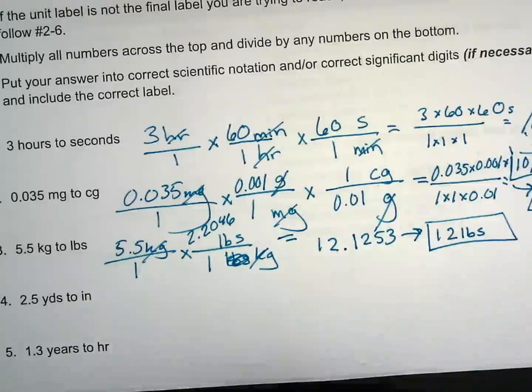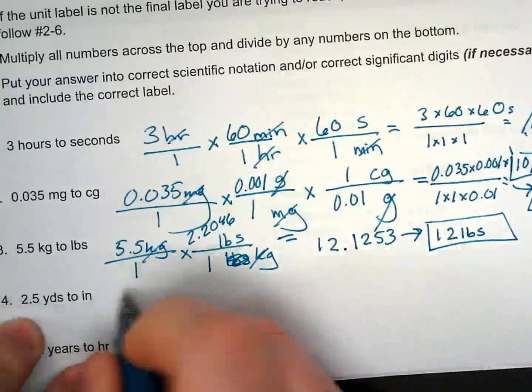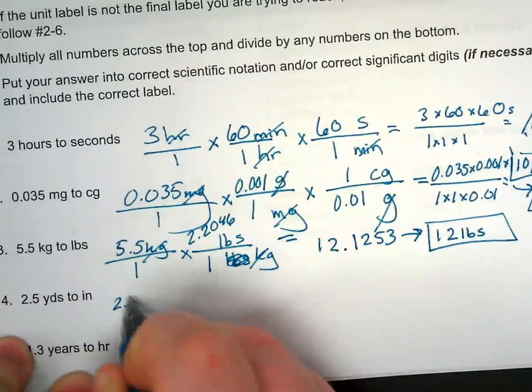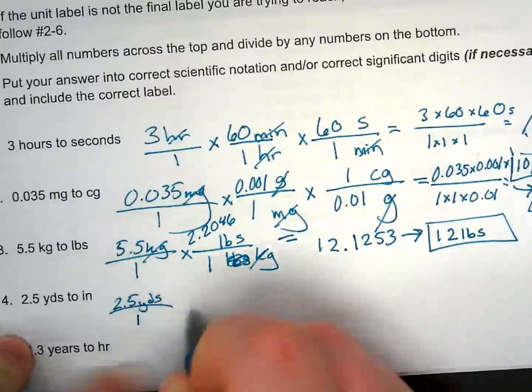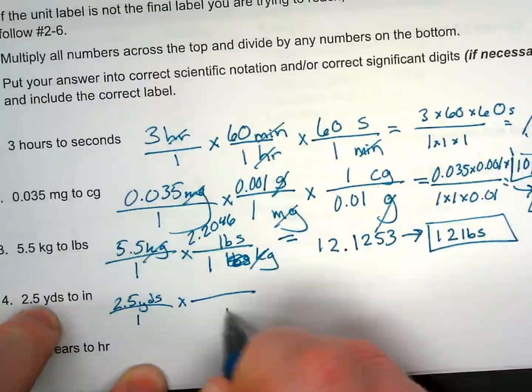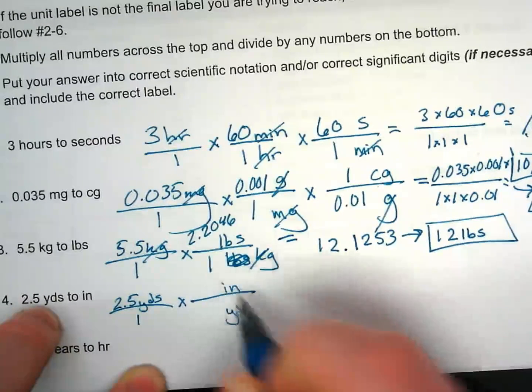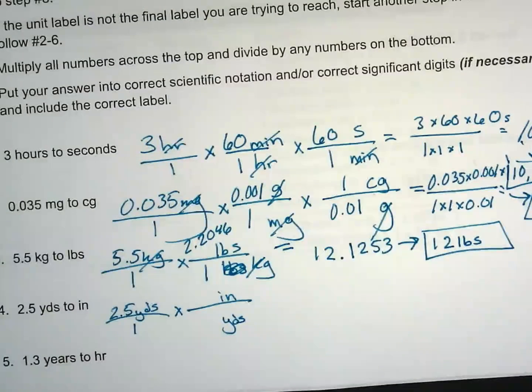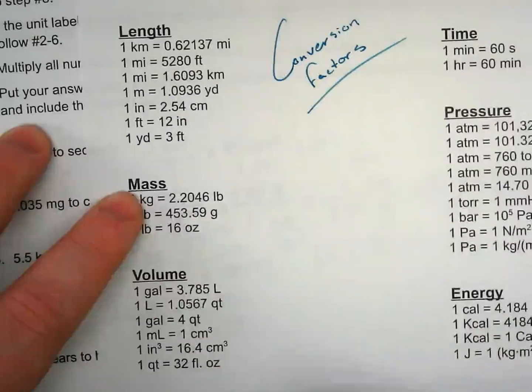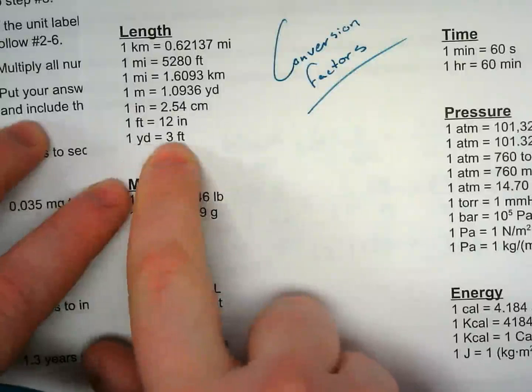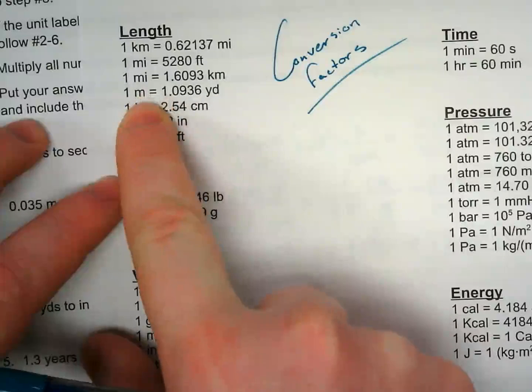Number 4, 2.5 yards to inches. So 2.5 yards, 1 on the bottom. Got yards on the bottom, inches up top. Let's see what my conversion sheet has. That's length. So let's see. I've got yards to feet, yards to meters.